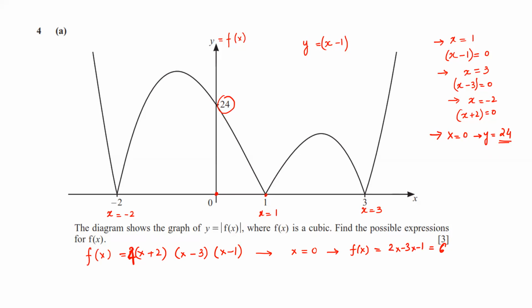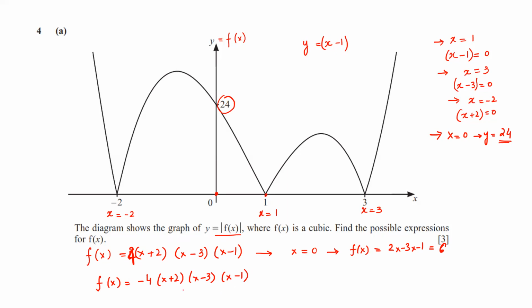So for the answer, since this is a modulus function, the multiple can be plus 4 and it can be minus 4. So the possible expression can be this, or minus 4 times (x plus 2)(x minus 3)(x minus 1).